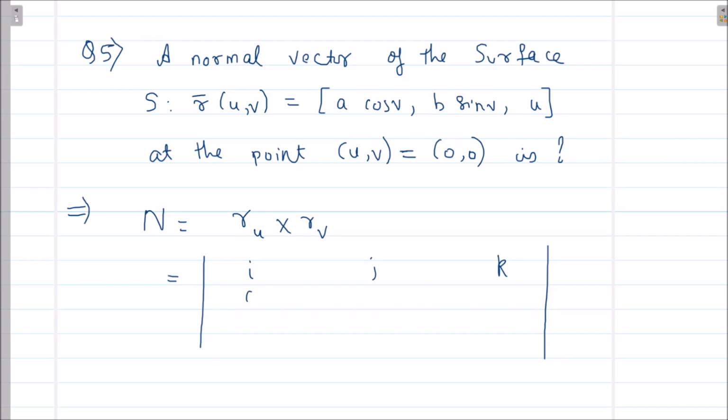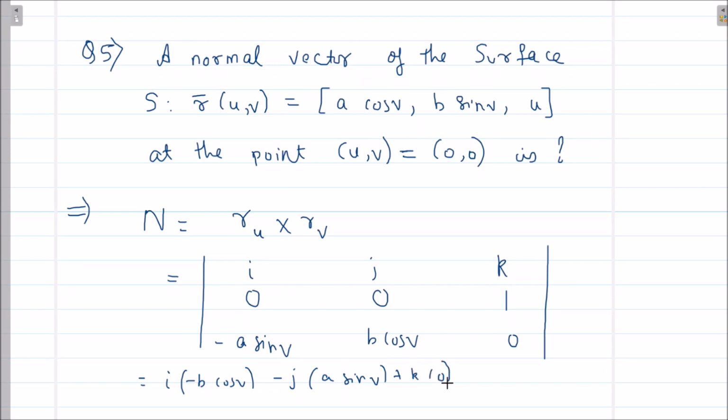So when I differentiate with respect to u, this will be 0, 0 and 1. And when I differentiate with respect to v, it will be minus a sin v, b cos v, and 0. So what is this? I have i into minus b cos v, minus j into a sin v, plus k into 0.